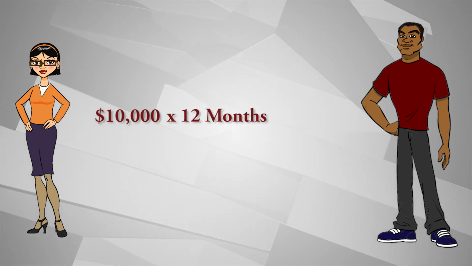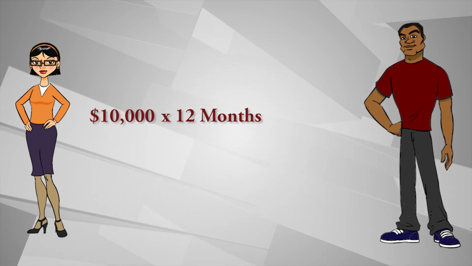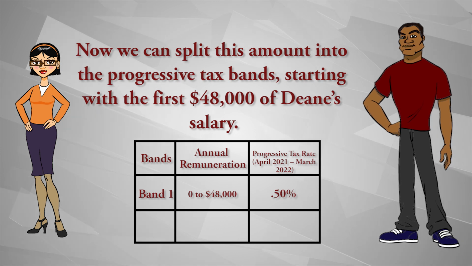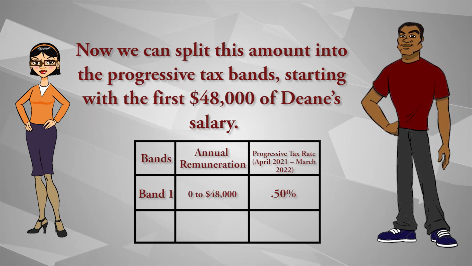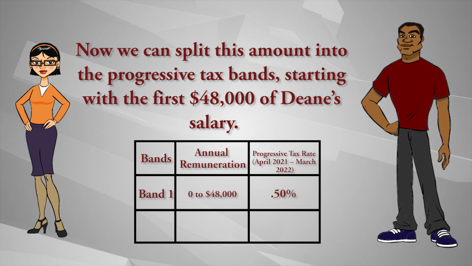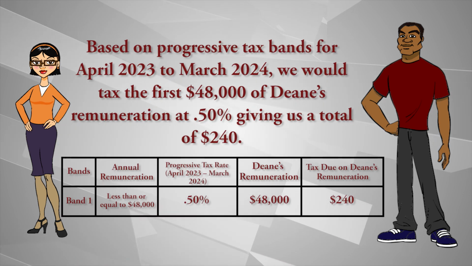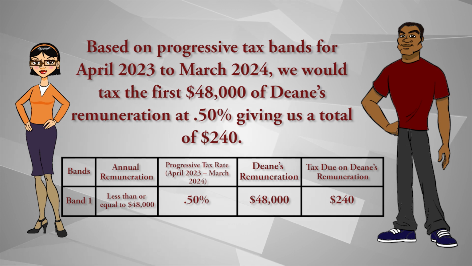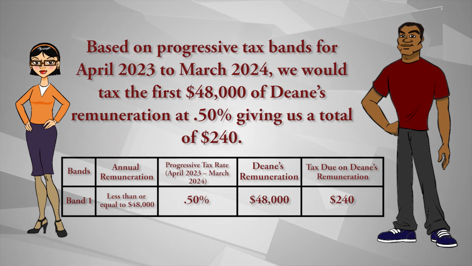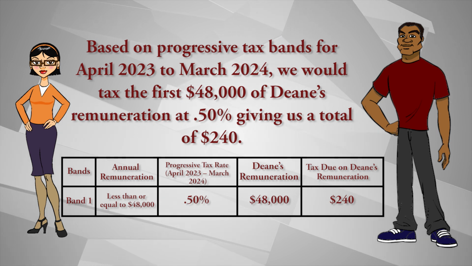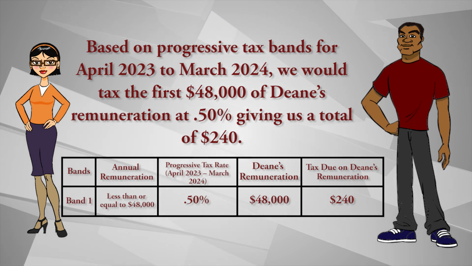This gives Dean an annualized remuneration of $120,000. Now we can split this amount into the progressive tax bands, starting with the first $48,000 of Dean's salary. Based on progressive tax bands for April 2023 to March 2024, we would tax the first $48,000 of Dean's remuneration at 0.5%, giving us a total of $240.